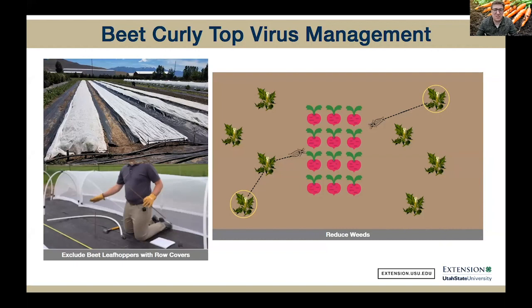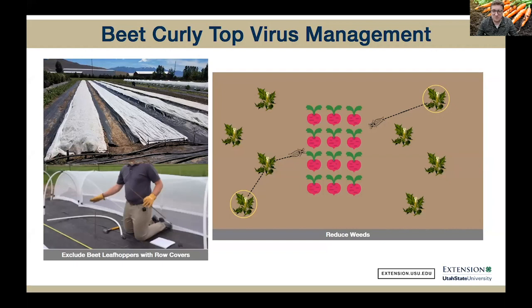I think the best thing you could do is manage weeds. You can see this diagram I made where we have our production in the middle. If you have a lot of weeds nearby, those can serve as a reservoir for the virus, and as an alternative host for the beet leafhopper. When those dry up, they can easily move from those to your crops.